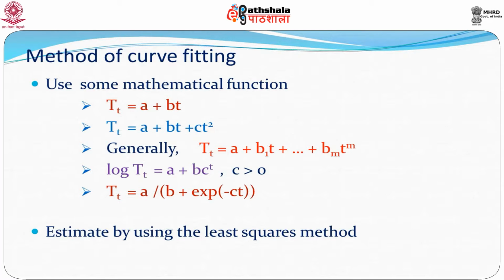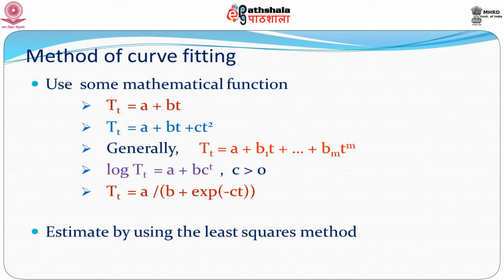Most of these curves can be estimated by the least squares method. By estimating the curve, what we mean is to estimate the parameters of the curve. For example, if you are looking at the quadratic trend, we need to know what a, b and c are, so that we know the trend curve, and if we are given a particular value of small t, we can say what the capital T trend value is.